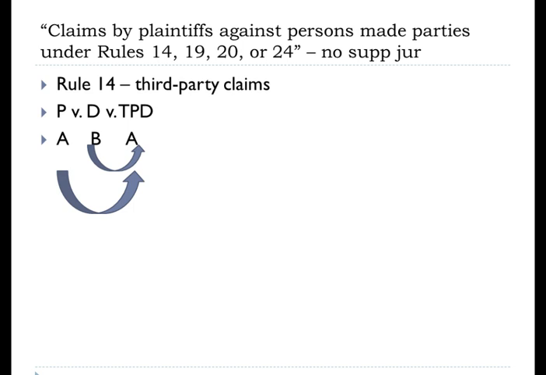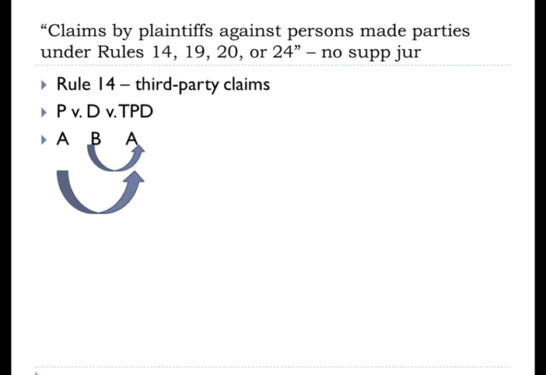Let's move on to the second question. Is the IT claim, plaintiff versus defendant, in federal court solely because of diversity? Yes, it is. We're assuming there's no federal question involved here. Therefore, we have to go on to the third question. Is plaintiff's claim against the third-party defendant, the wannabe claim, a claim by a plaintiff against a person made party under Rule 14? Well, yes, it is. Rule 14 is the third-party defendant claim.